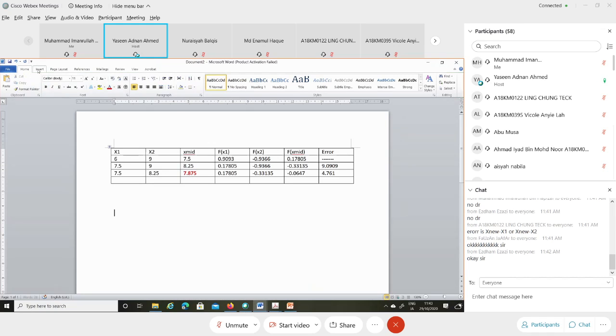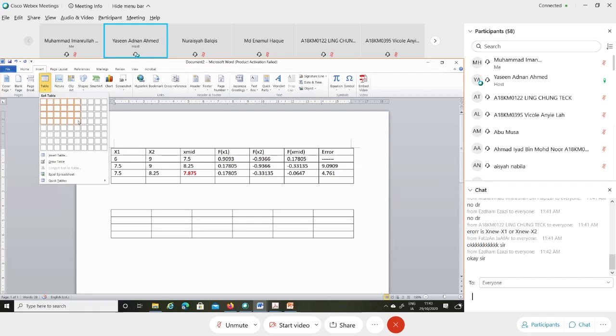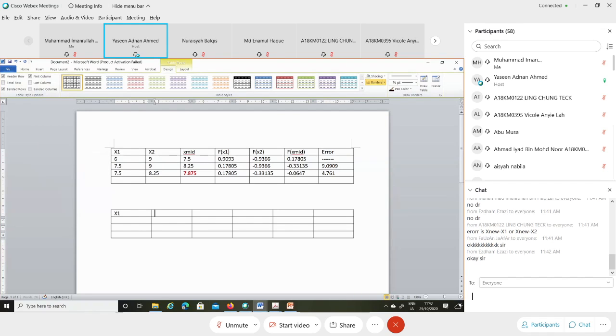For second method, if you remember, we need x1, x2, function of x1, function of x2, then x new, then error. We need x1, x2, f of x1, because we don't have any derivative term in this case. We have f of x2, then we have x new, then we have error.